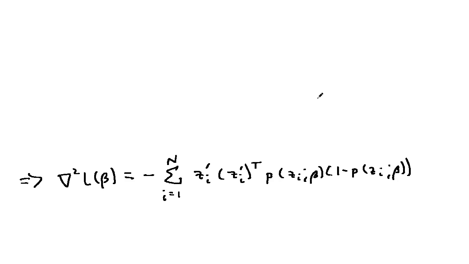We can express the gradient and the Hessian in matrix notation as follows. Let y be y1 through yn. Let Z be this matrix here, where the rows of Z consist of the z_i's.